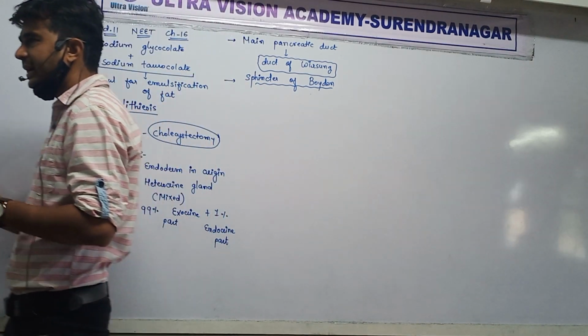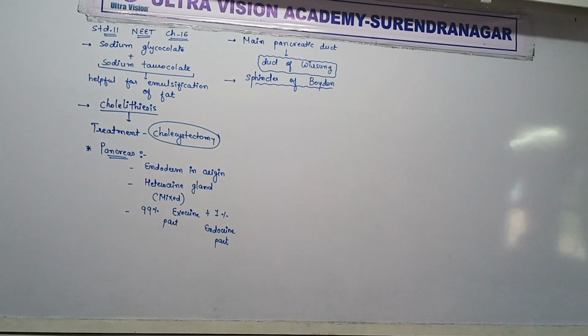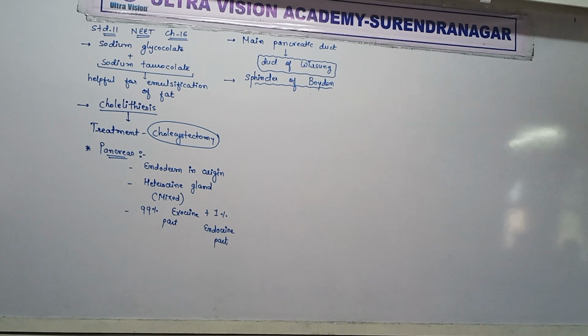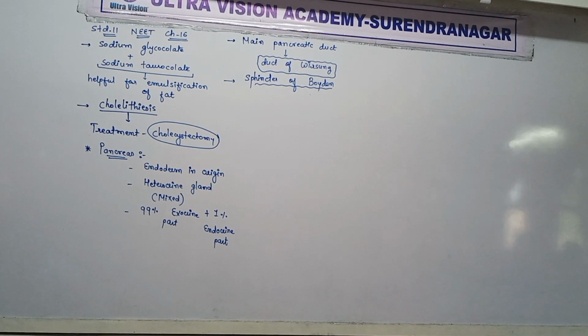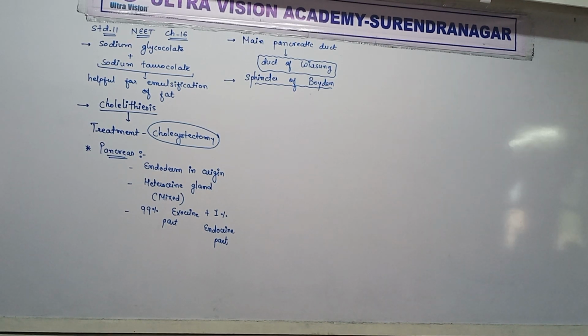You know that the hepatic duct originates from the liver and the cystic duct from the gallbladder. Both are joined together and form the common bile duct. With the common bile duct, the pancreatic duct is connected.